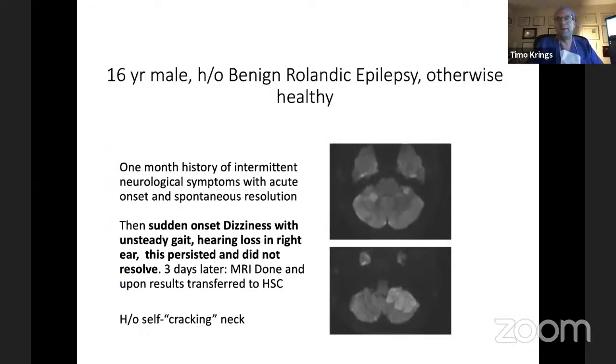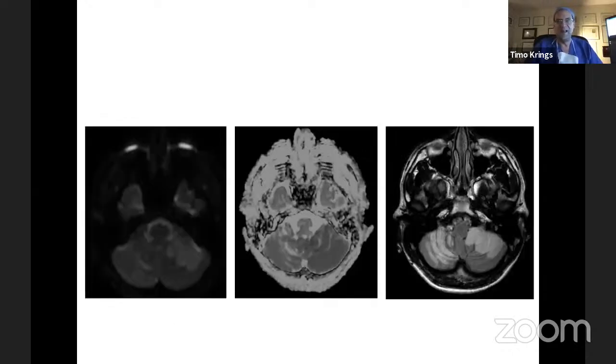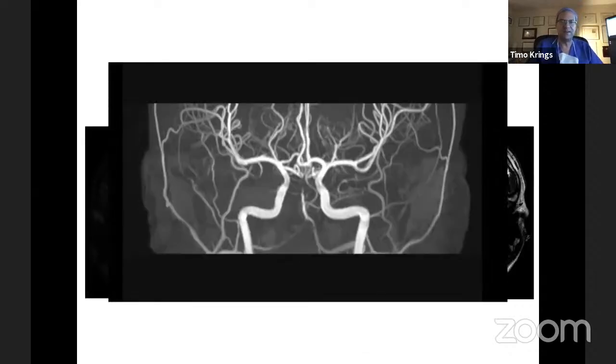Here, we had a patient who liked to crack his neck, and during one of these procedures, he developed acute onset of dizziness and unsteady gait. Imaging demonstrated an already established ischemia, and so we were not sure whether we should go ahead and treat the patient.